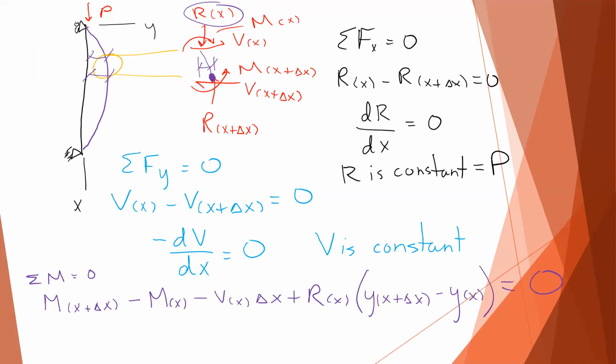We can divide this by delta x, and then we can make delta x approach 0, and what we get is dM/dx minus V plus R times dy/dx equals 0.